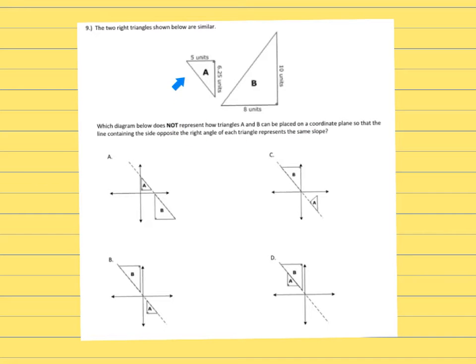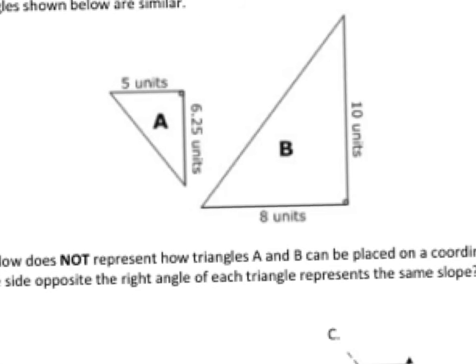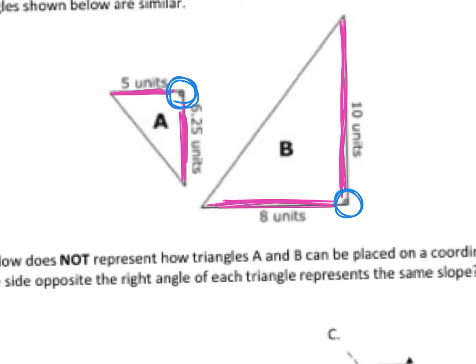So rise and run are always the two lines that are connected by the right angle. So I have rise and run, and I know that because they're connected with this right angle. Okay, so on this triangle, here's one of the sides connected with the right angle. So I know for sure those are my rise and run.